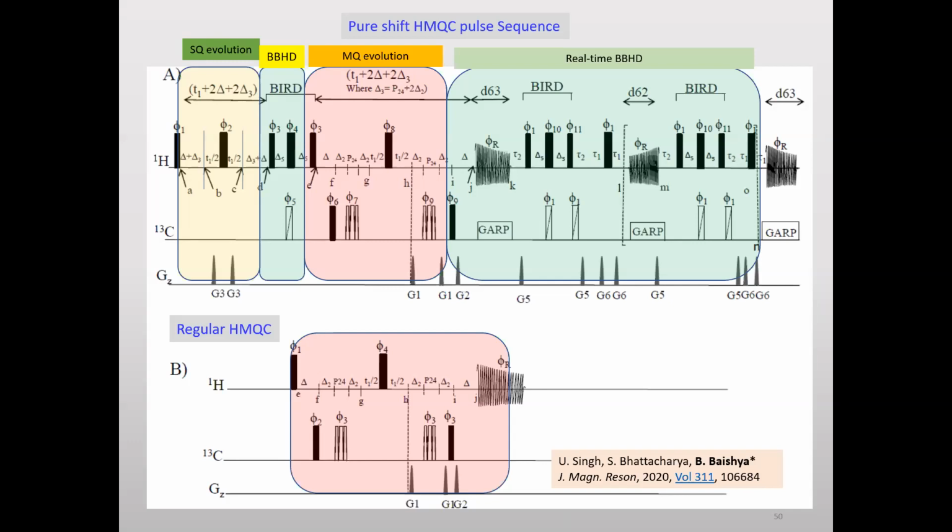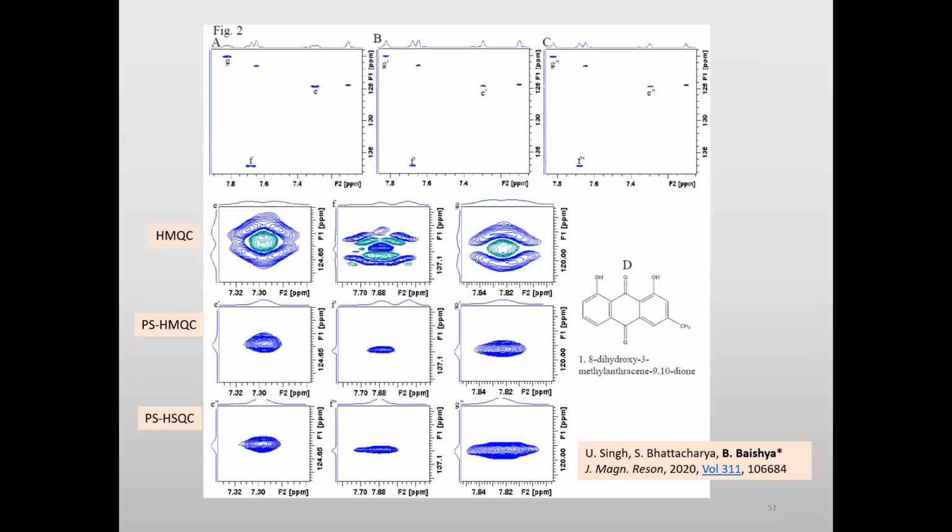Now, if the single quantum evolution time period is matched to this multiple quantum evolution time period, then this broadband homodecoupling block refocuses the evolution of proton-proton scalar couplings in the indirect dimension. So it is possible to get rid of the proton-proton J evolution in the indirect dimension of HMQC using this very clever trick. And in the direct dimension, it is always straightforward to apply the Bayard block using the real-time or single shot scheme.